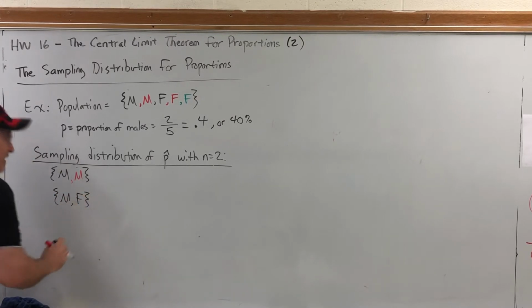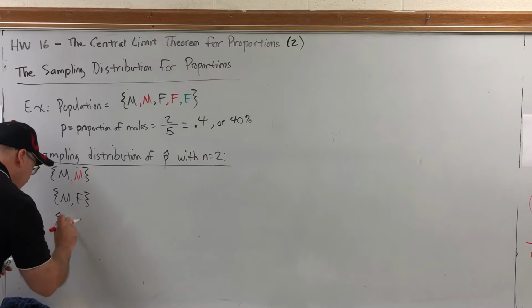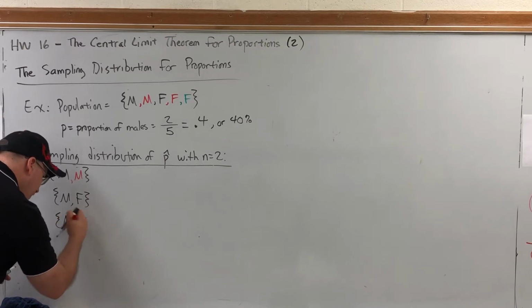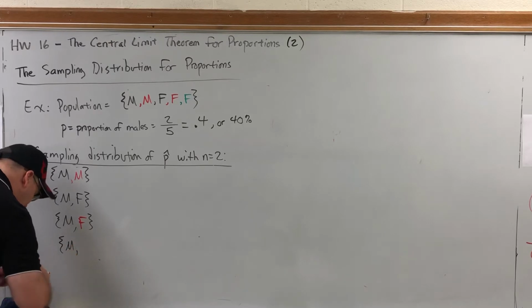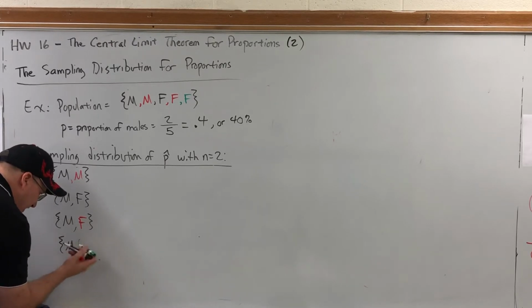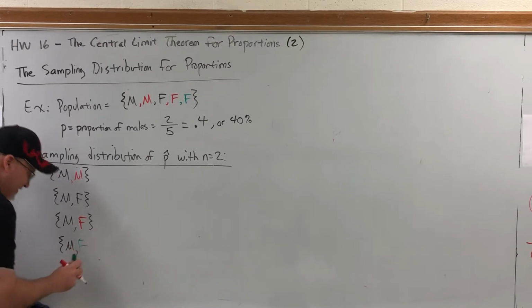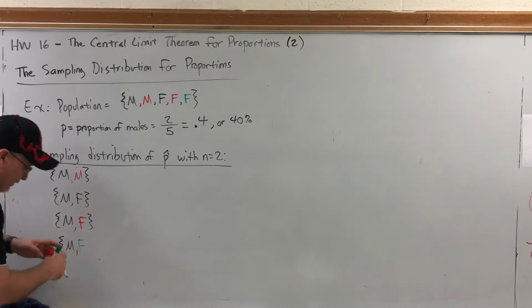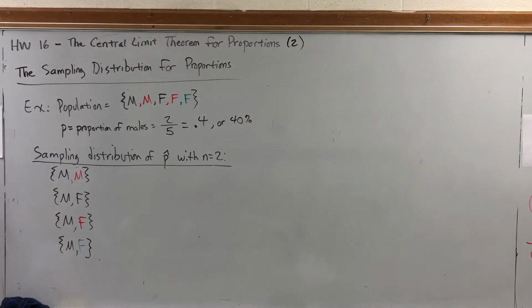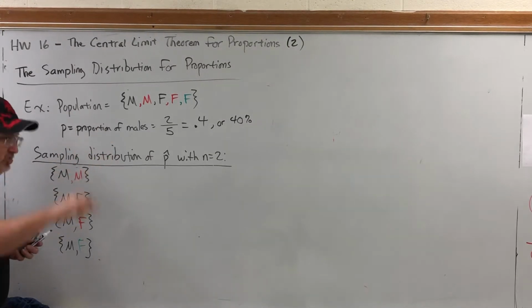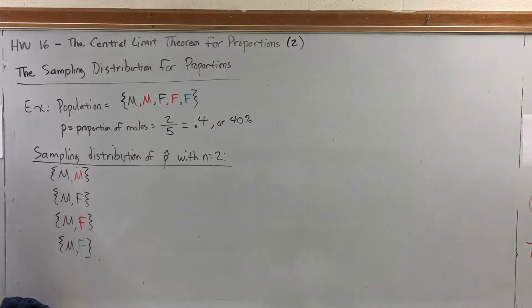The black female, the red female, and the green female. And again, the only reason I'm using different colors is to make it easy to distinguish between the different females and the different males in the sample. So there's all 4 samples of size 2 that contain the black male.